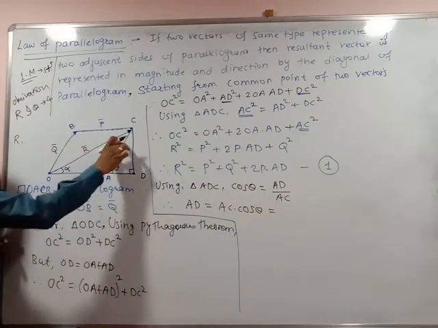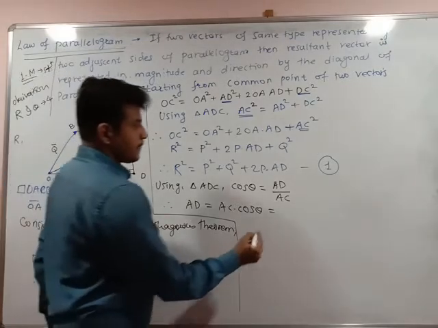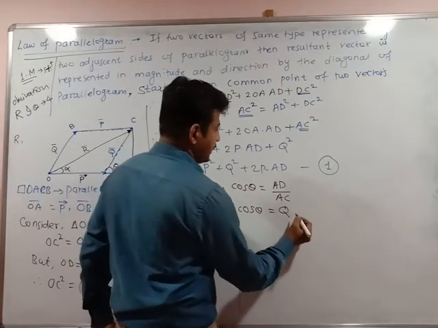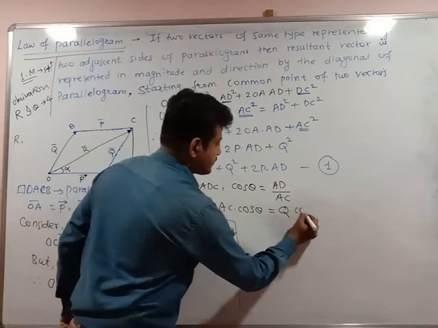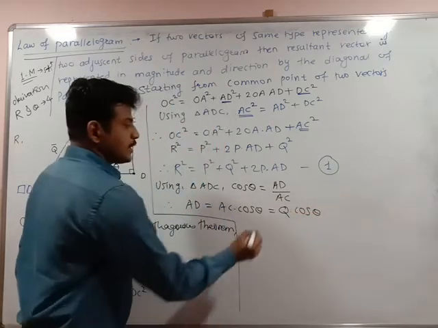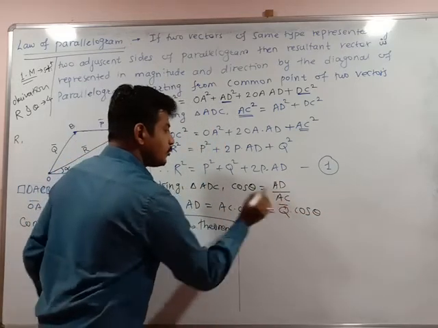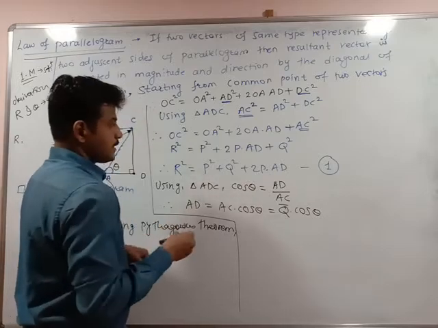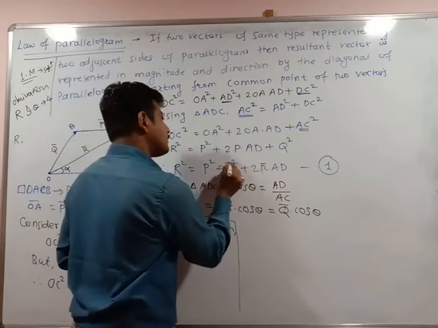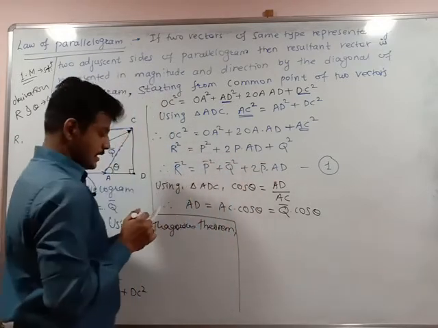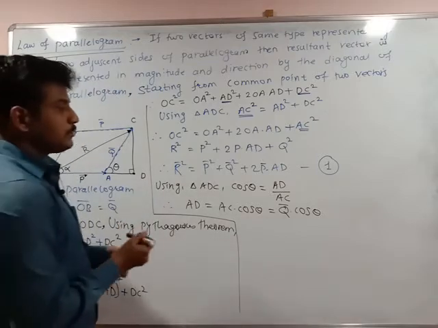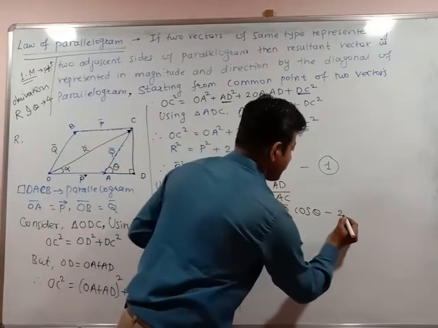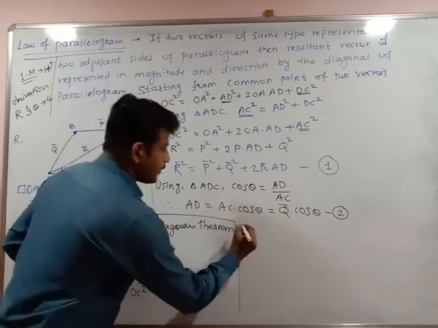But again, what is AC? It is a vector Q, so Q into cos theta. You can write here single vector Q bar. Here again vector P bar, vector Q bar, resultant vector R bar. So AD is equal to Q bar cos theta, equation 2.